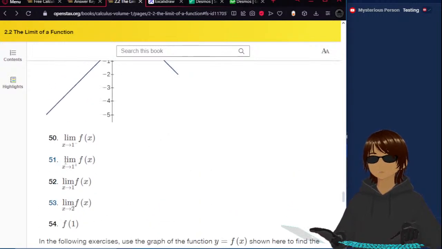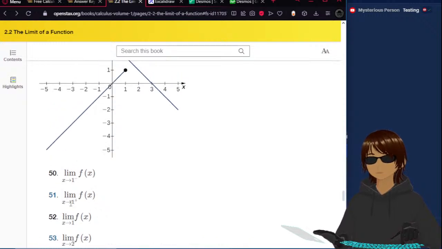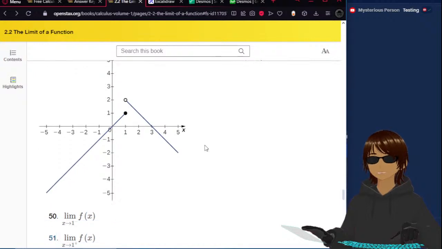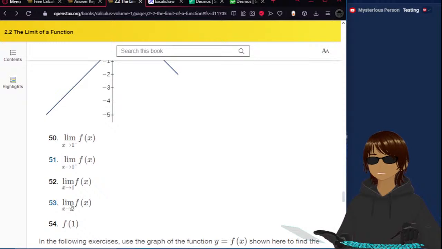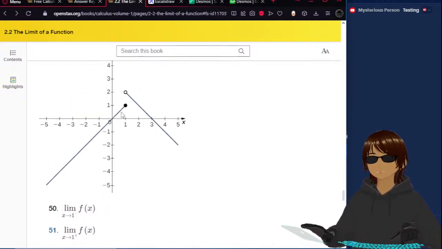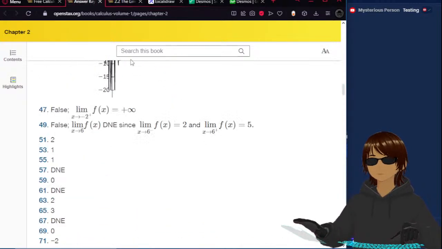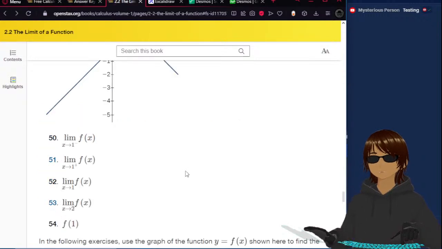Number 51. X approaches 1 from the positive side. Then it's 2. And x approaches 2 overall, it doesn't exist. 51 and 53. Wait, hold on.